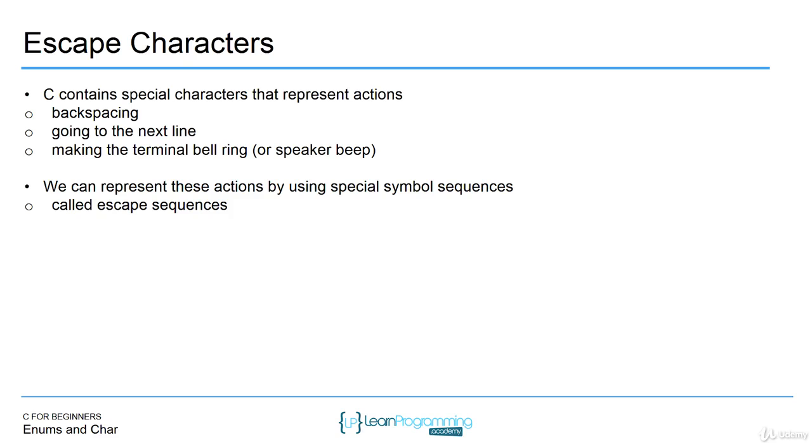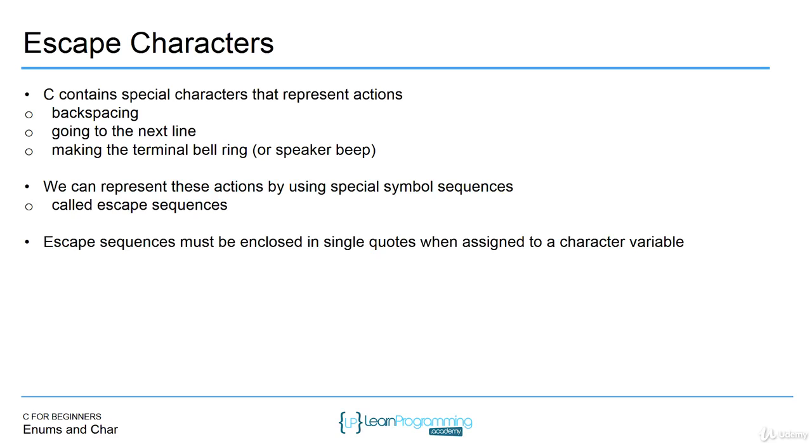And you can represent these actions by using basically an awkward symbol, like a character inside single quotes. I'm going to give you some examples. These are also called escape sequences. These are special characters that represent actions. So escape sequences are also enclosed in single quotes when they're assigned to a character variable. You'll often see these escape sequences inside of strings as well to represent an action.